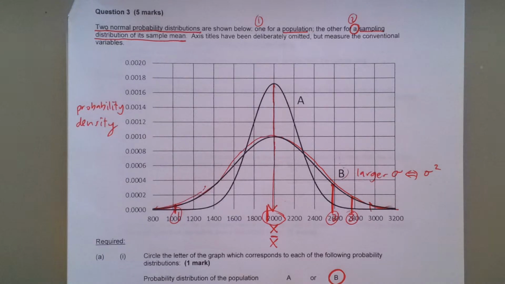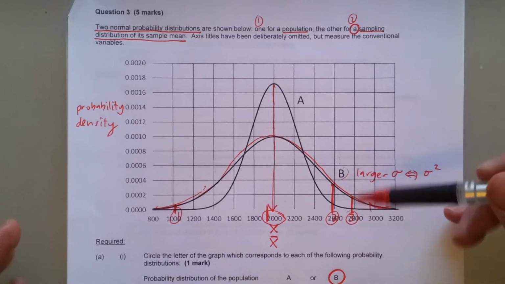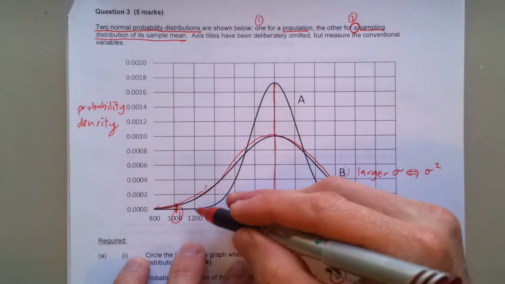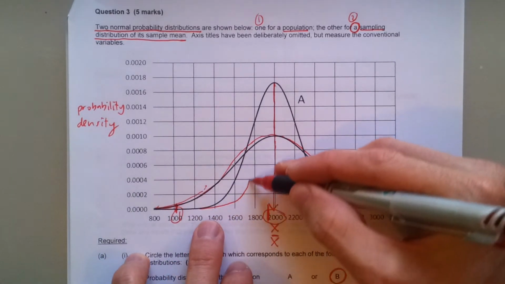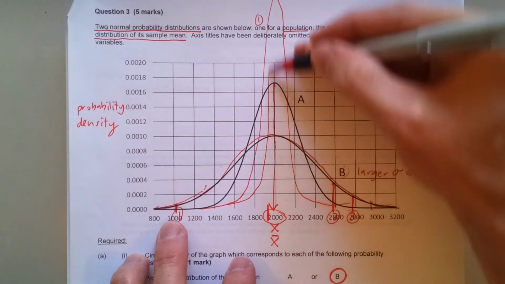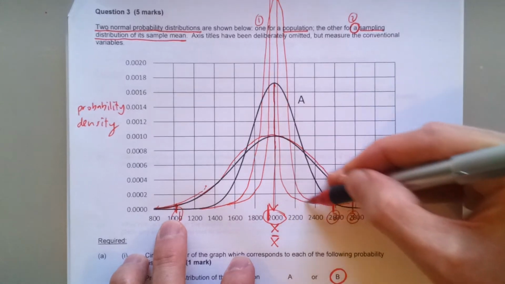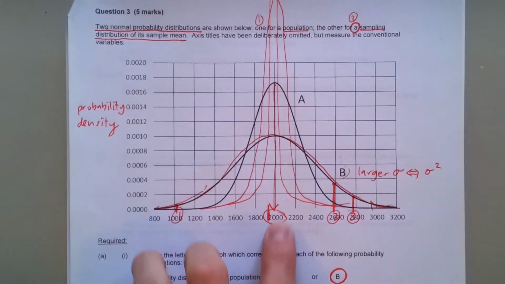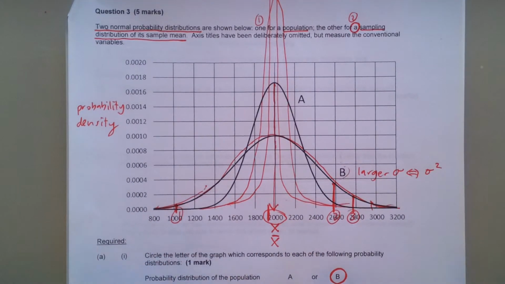That would give us a different sampling distribution. Or we could take samples where everyone was, say, of size 100, and that would give us a different sampling distribution. In fact, what you'd see as I increase the sample size is that the sampling distribution would get more and more concentrated around this mean value, so with a lower and lower variance.